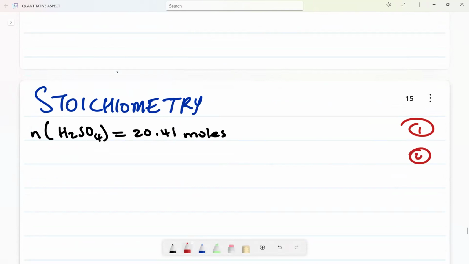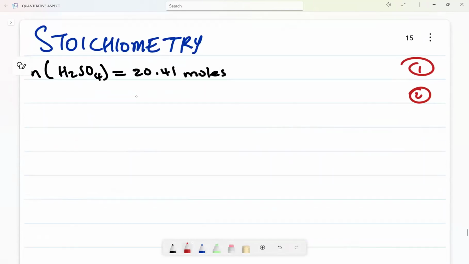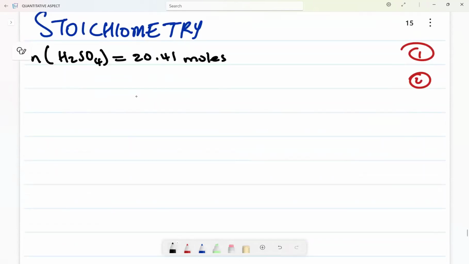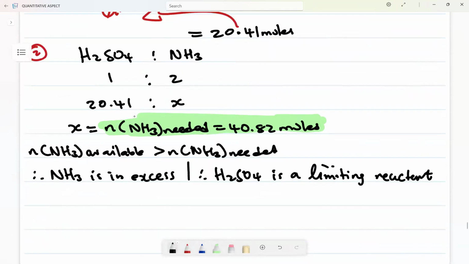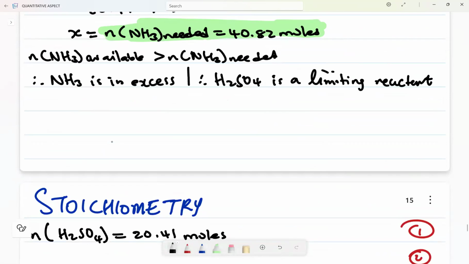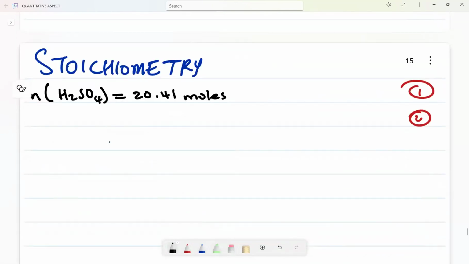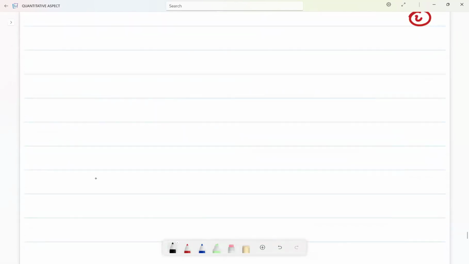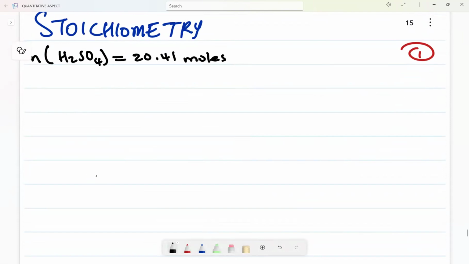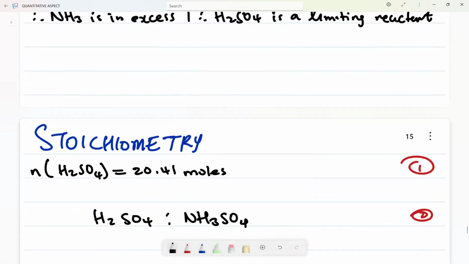And then I go to step number 2 of my stoichiometric calculations. Remember, it says what? Use the mole ratio. Use the mole ratio between what? Your limiting reagent as well as the one that is unknown. Which one is unknown in this case? They want what from the question? Ammonium sulfate. So I'm going to use the mole ratio between my limiting reagent, which is H2SO4, as well as ammonium sulfate.